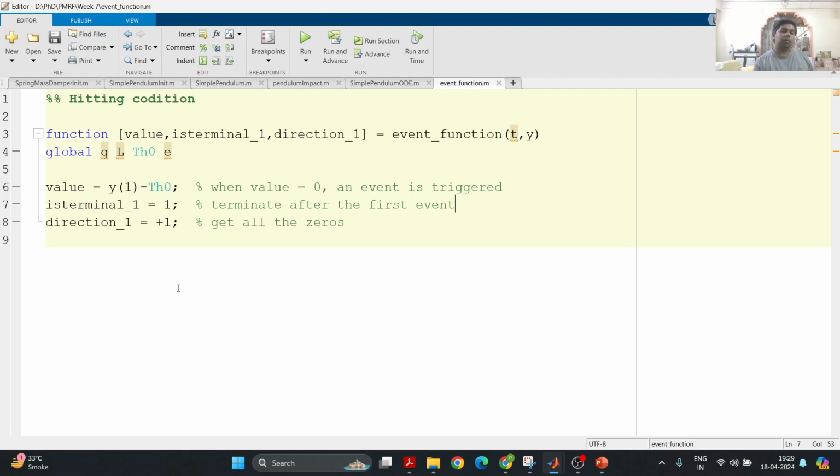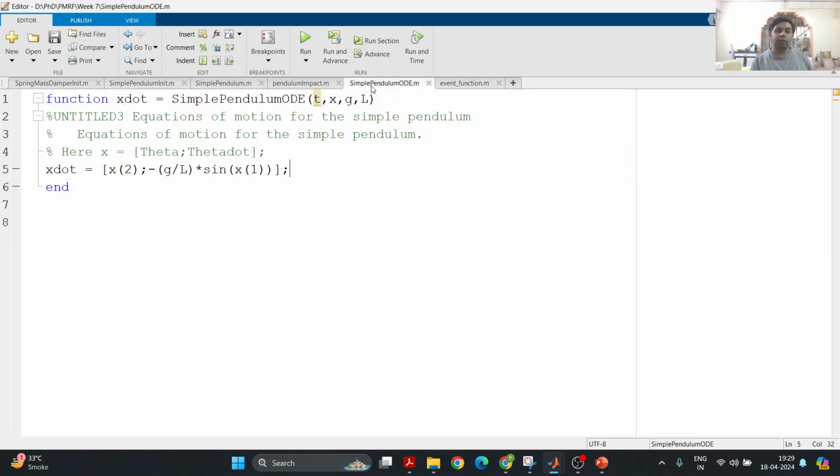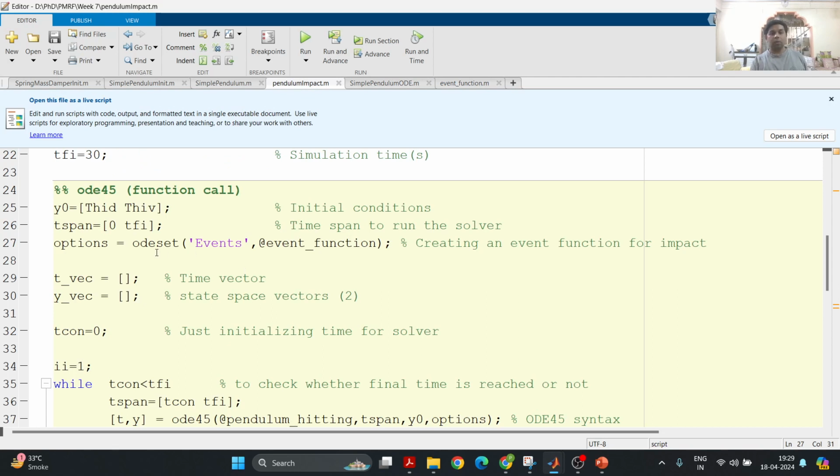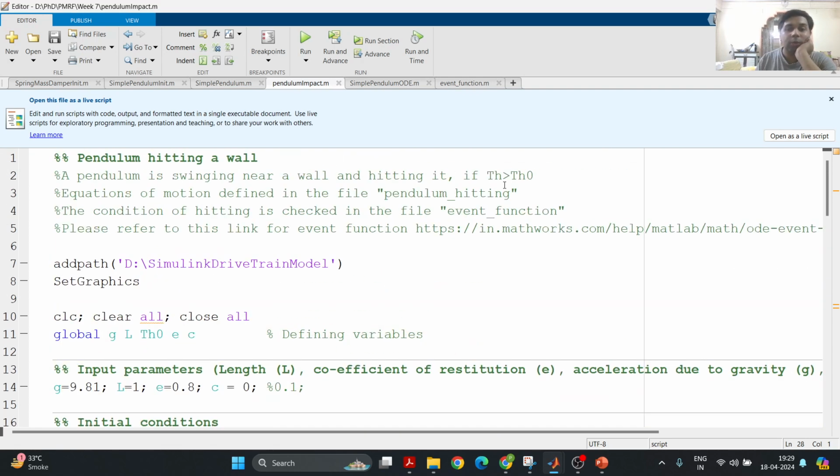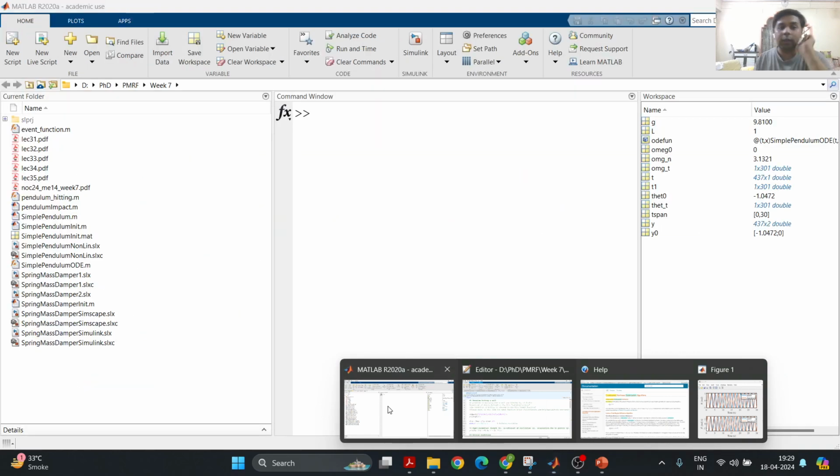So you can read more about this events functionality. I have also provided a link to the documentation.